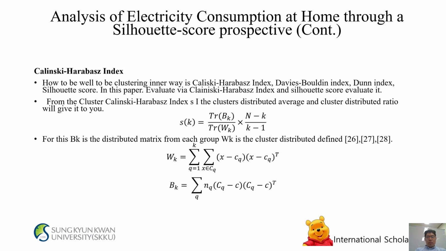Wk = sum over k, sum over x in Ck of (x - cq)(x - cq)^T, and Bk = sum over q of nq (cq - c)(cq - c)^T.